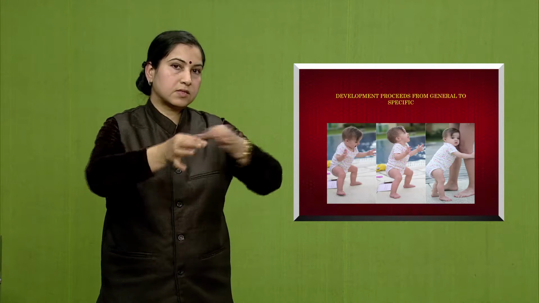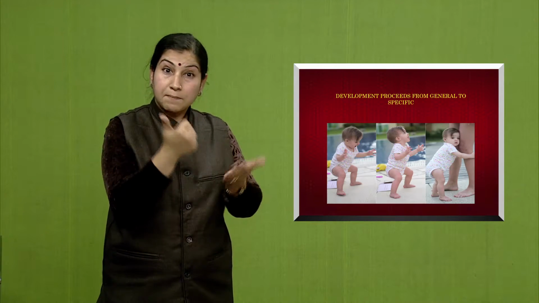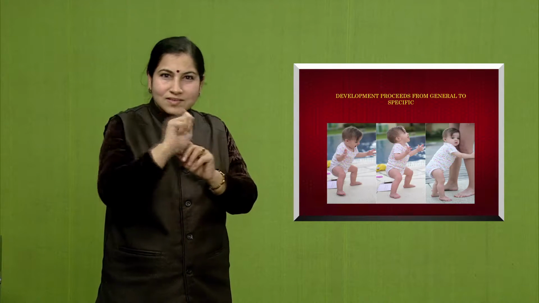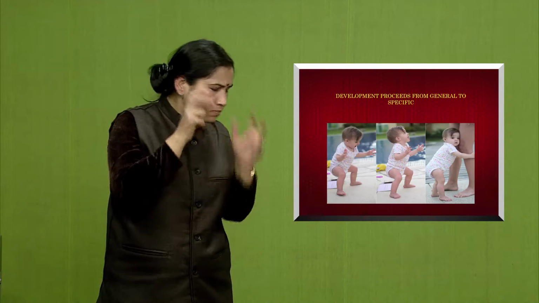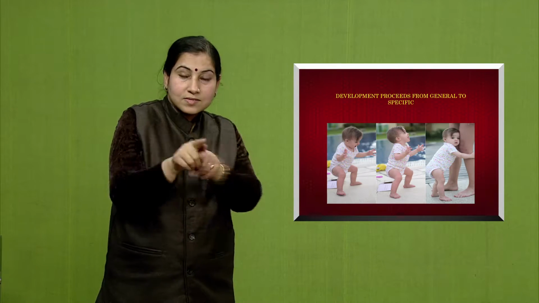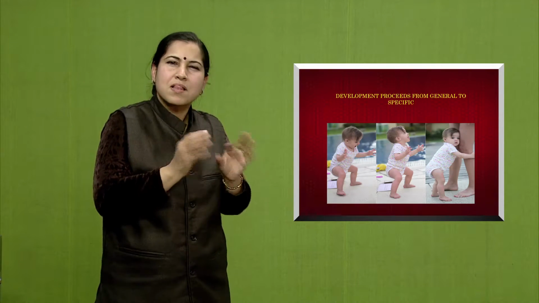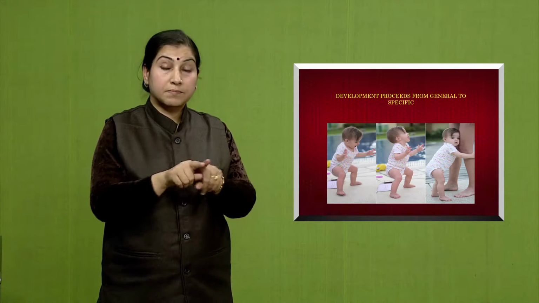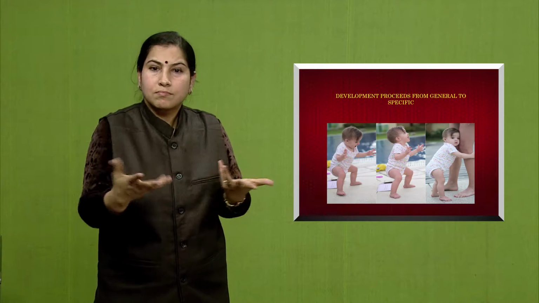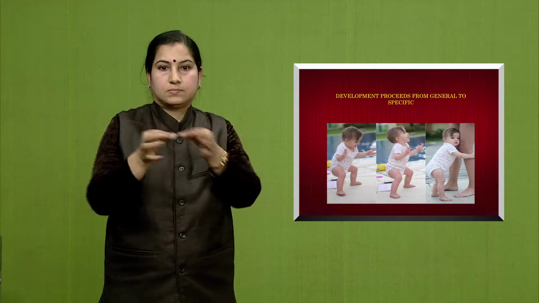For example, when Yadvi was less than 3 months of age and was shown a rattle, she would get excited and move her arms and kick her legs. This is a general response. At 5 months of age, she would reach out to hold it in her hand.